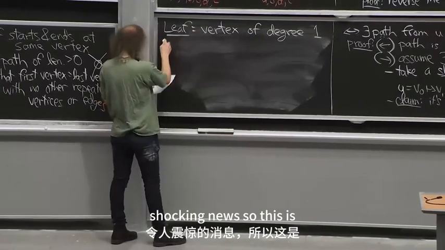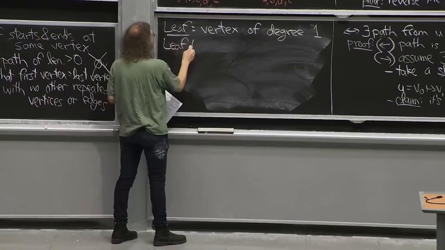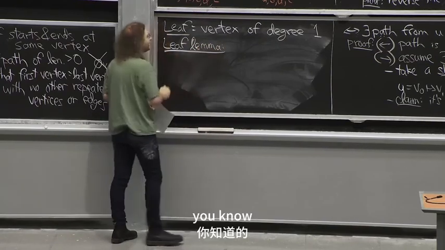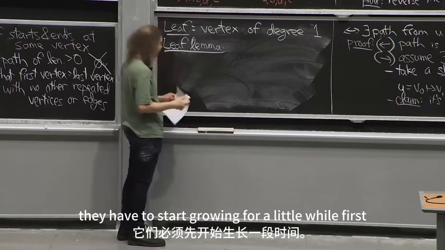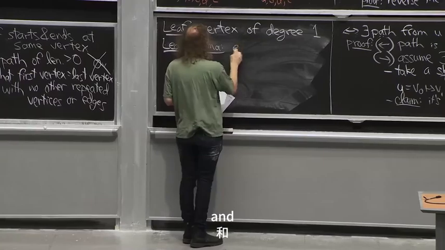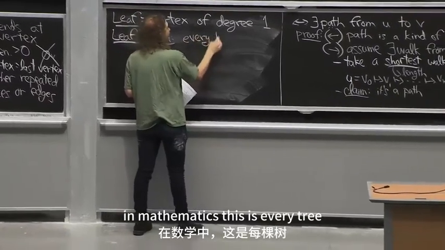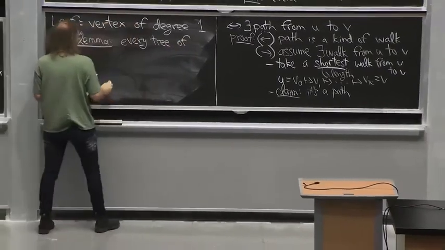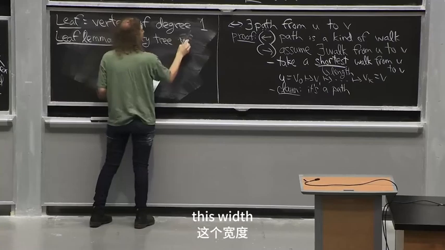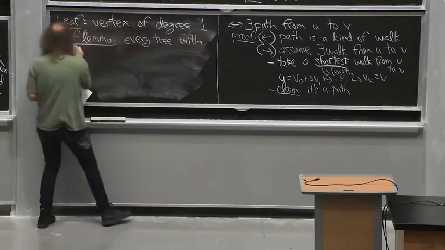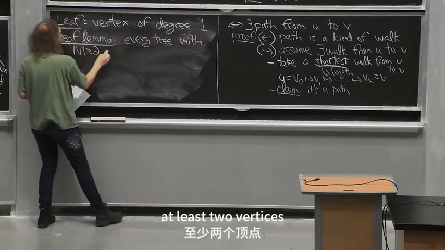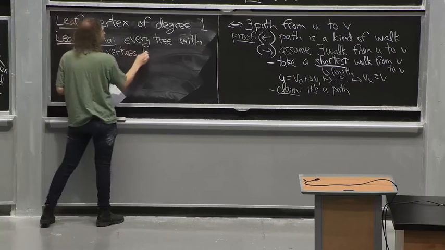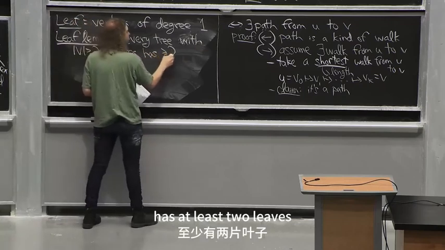So this is, I'll call it, the leaf lemma. It's not quite true that all trees have leaves. They have to start growing for a little while first. And in mathematics, this is: every tree of, I guess width is better, at least 2 vertices has at least 2 leaves.